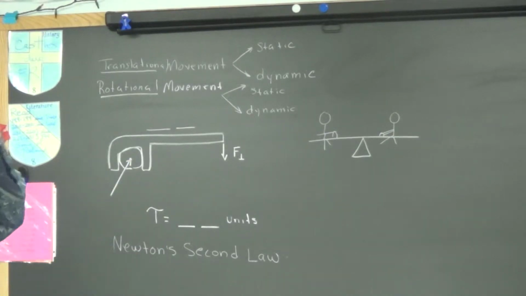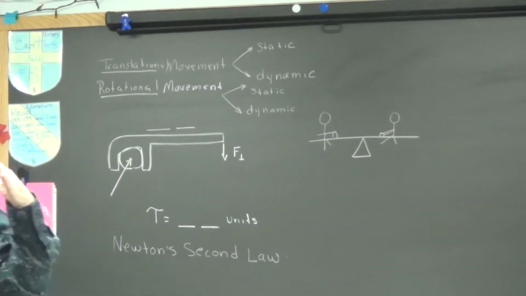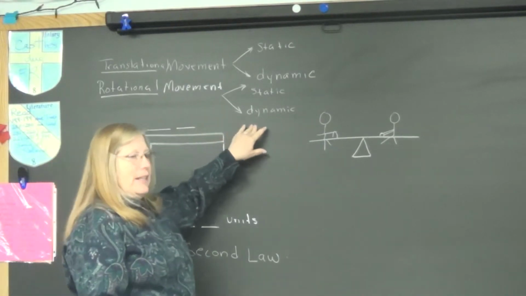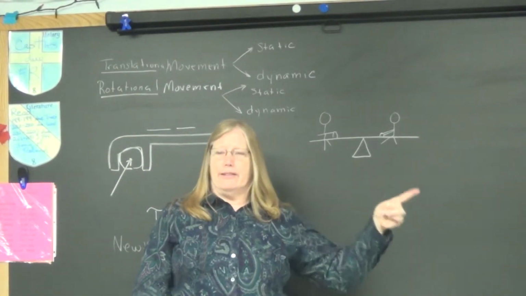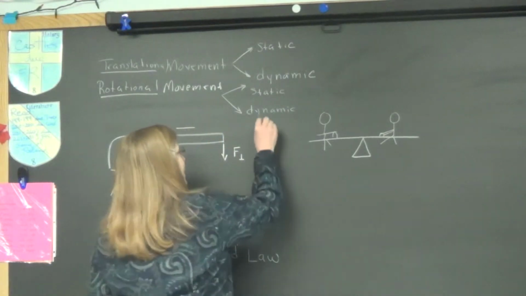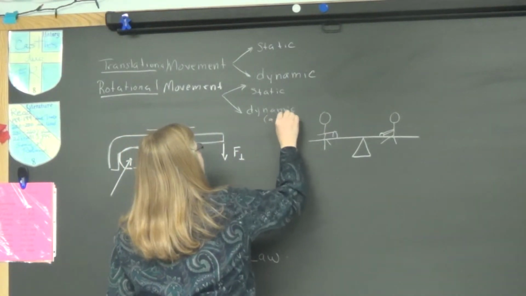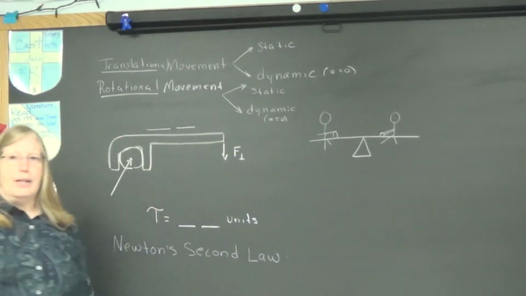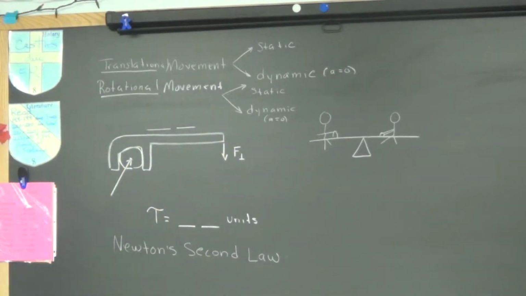You're set up to go in a circle, but you're not going in a circle. So you're still. Dynamic means you are moving in a circle, but at a constant velocity. So no acceleration, just like in translational. So they're very similar definitions and easily relatable.